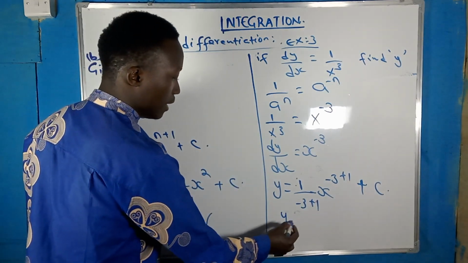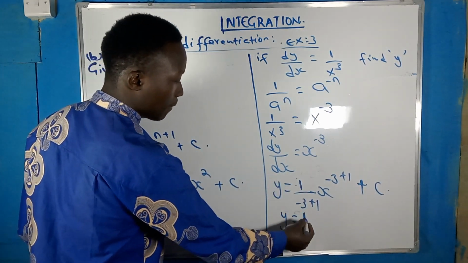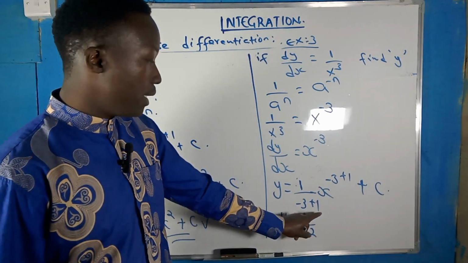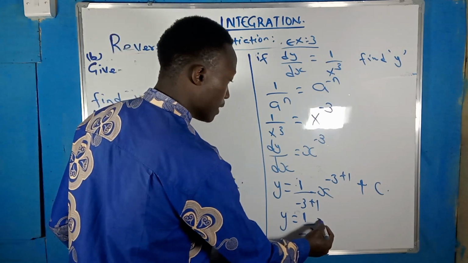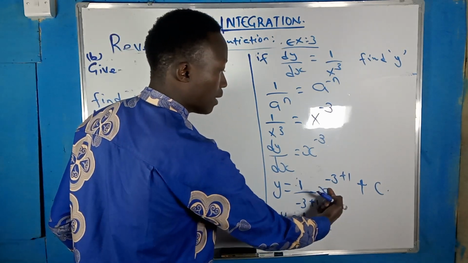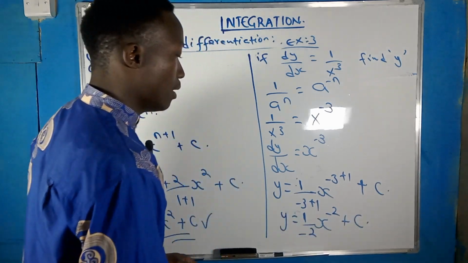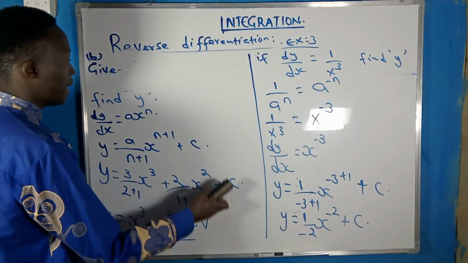So we have y is equal to 1 over negative 2, since negative 3 plus 1 is negative 2, x to power negative 2 plus c. So that is going to be our integral.